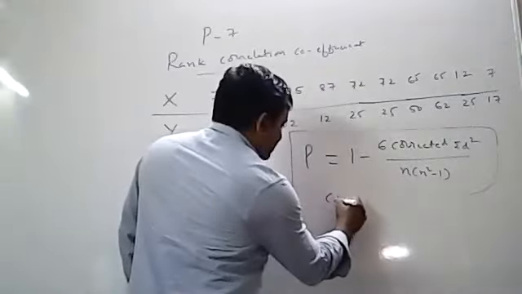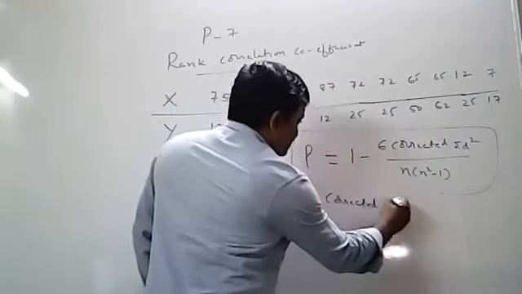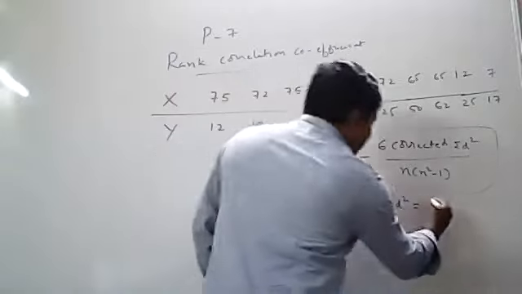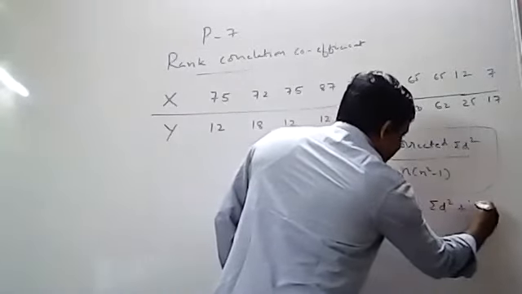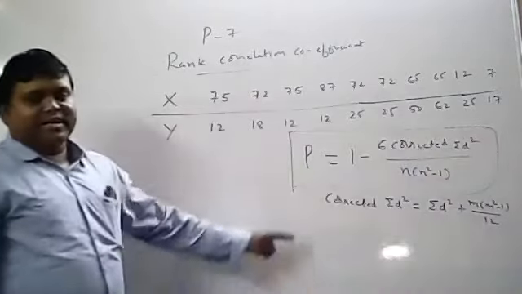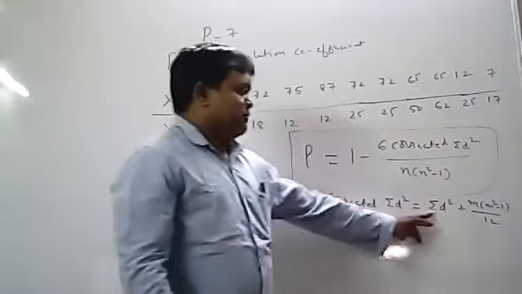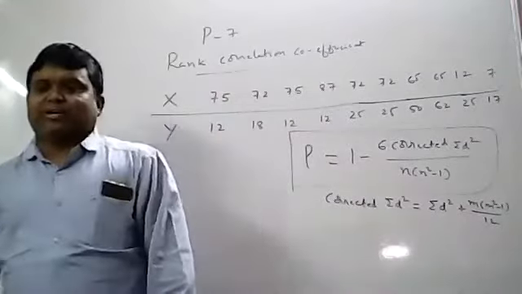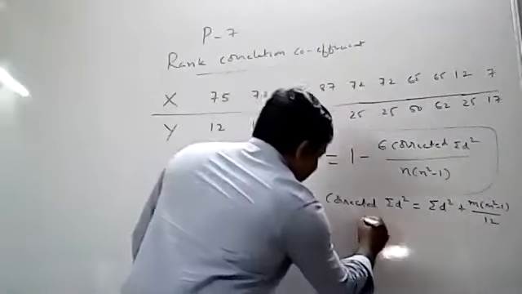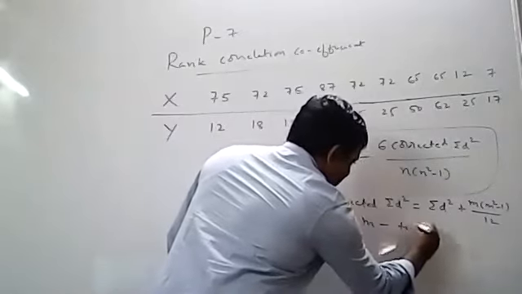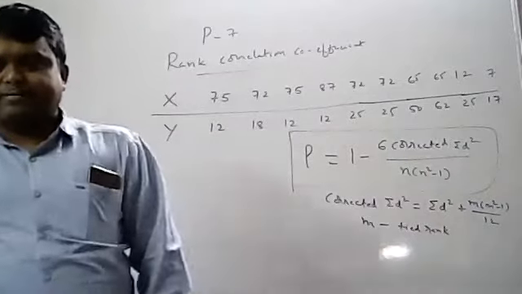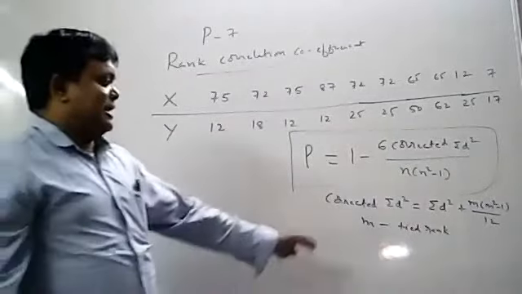Where corrected summation d square equals summation d square plus m into m square minus 1 by 12, where m is the tied rank.